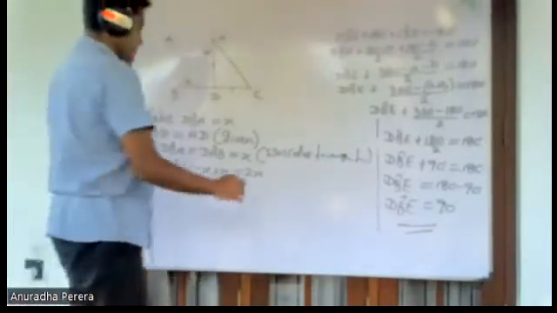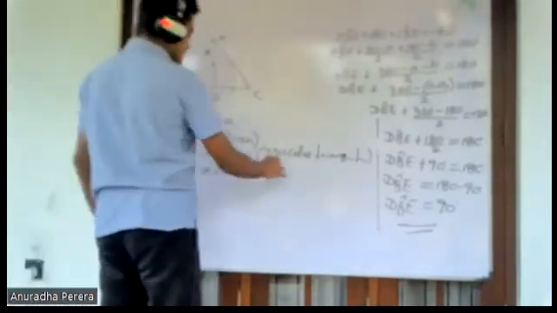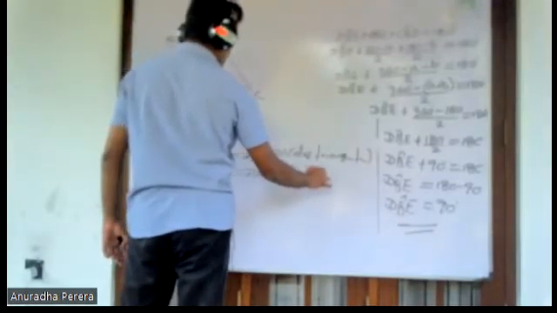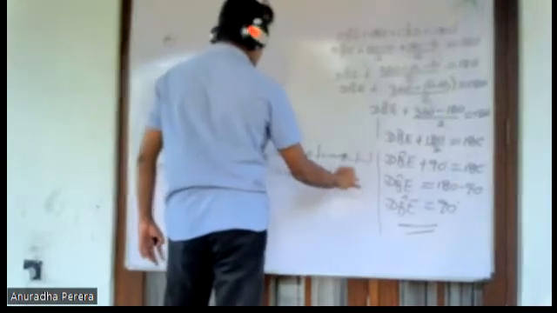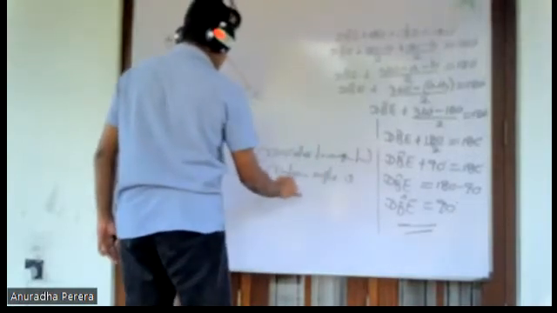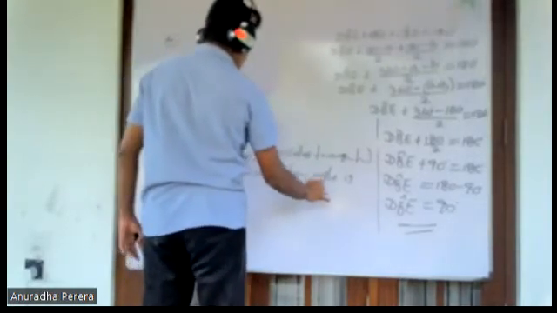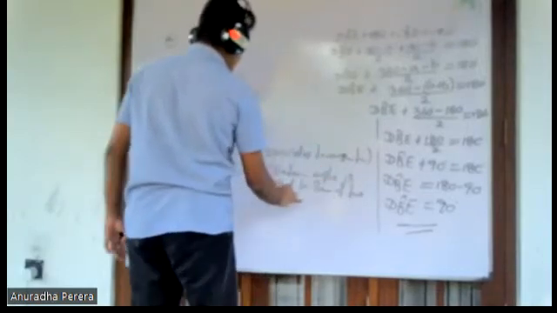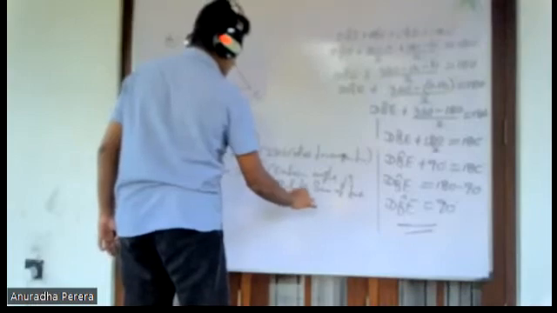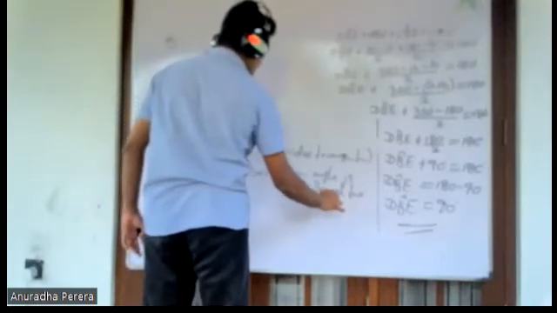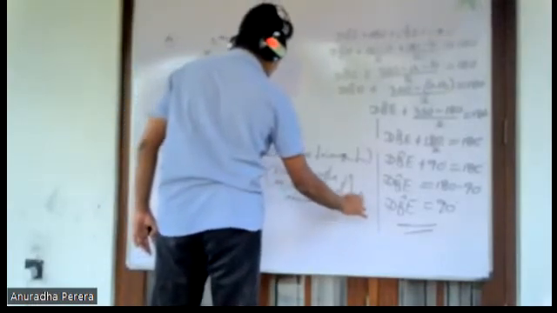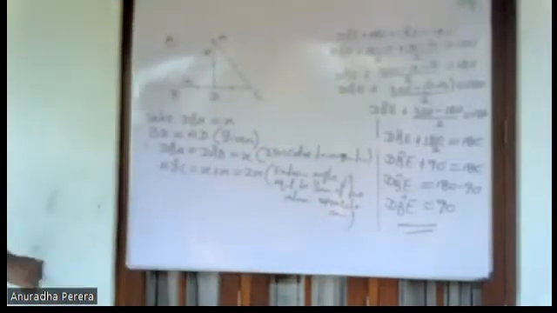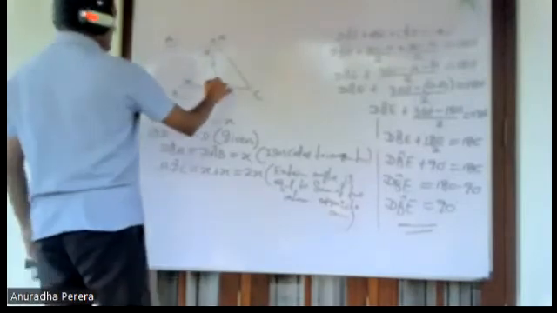You know the theorem is exterior angle is equal to the sum of two interior opposite angles, right? ADC 2x. This one is 2x.